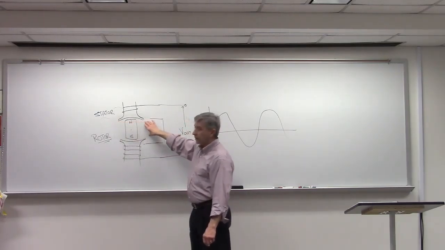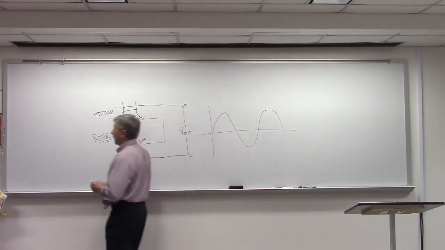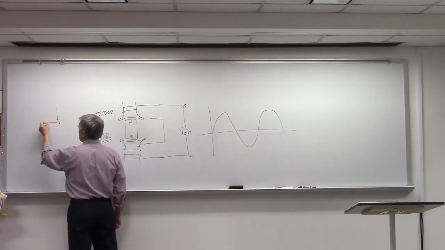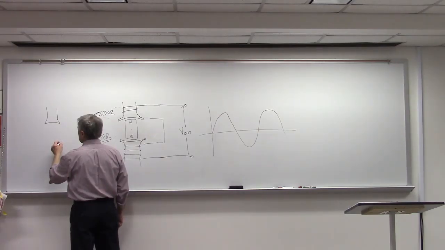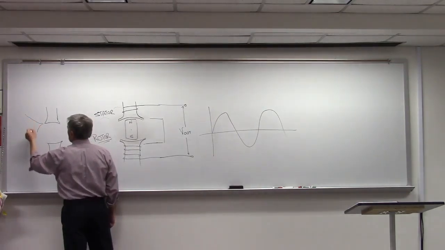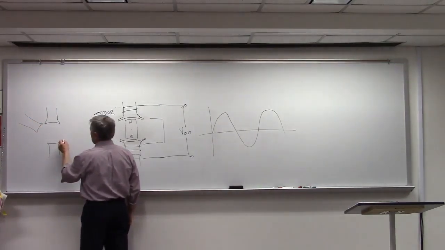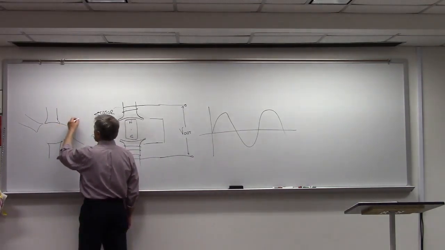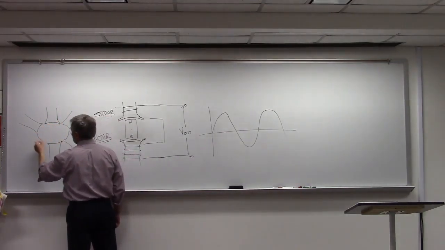And in fact, modern generators have 3 sets of poles. So they'll have a set here, and that matches up with a set here. And then you have a third set, like so.